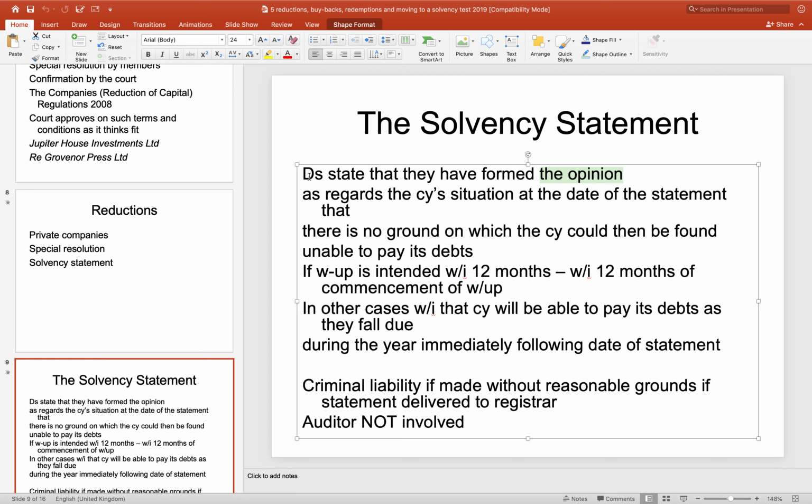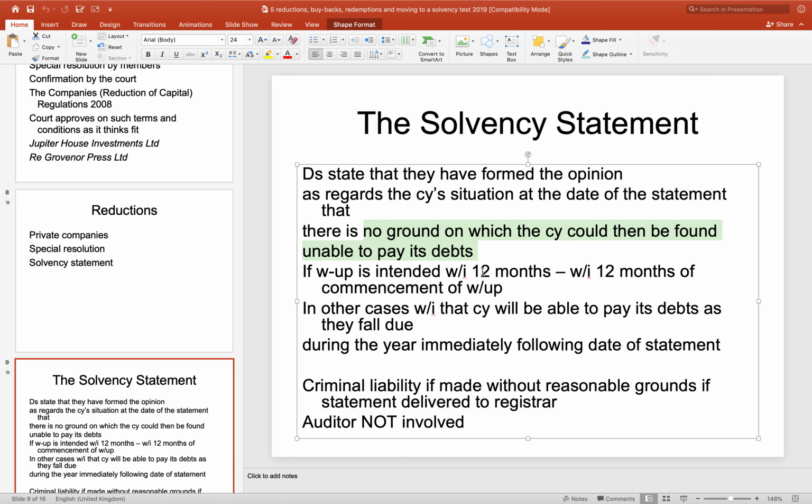So a solvency statement is a statement by the directors. And that statement is reviewing the company's situation at the date of the statement. And the directors certify that there's no grounds on which the company could then be found unable to pay its debt.